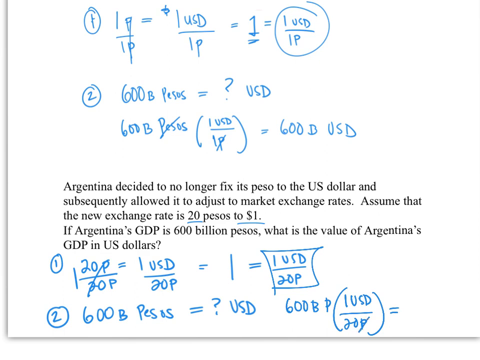We can cancel out the pesos and a 0 here. So 600 divided by 20 is the same as 60 divided by 2, and that's going to be 30 billion US dollars.